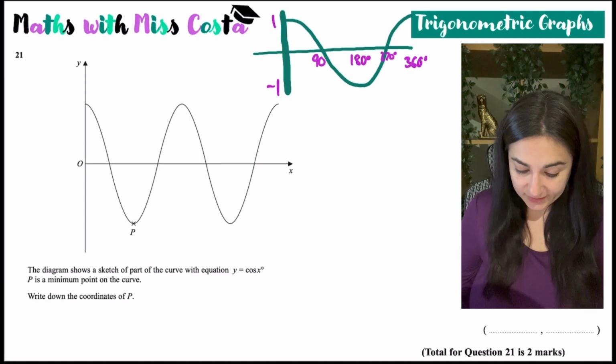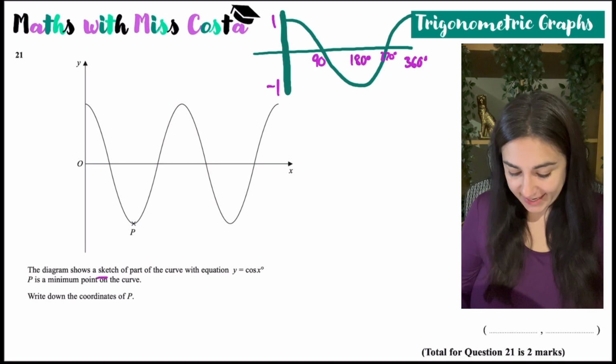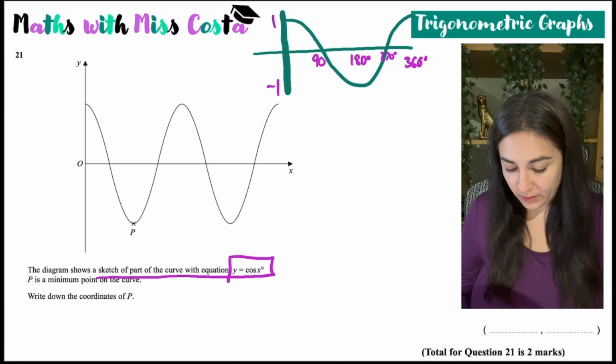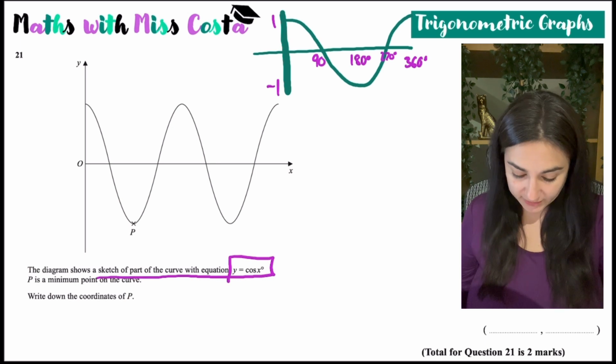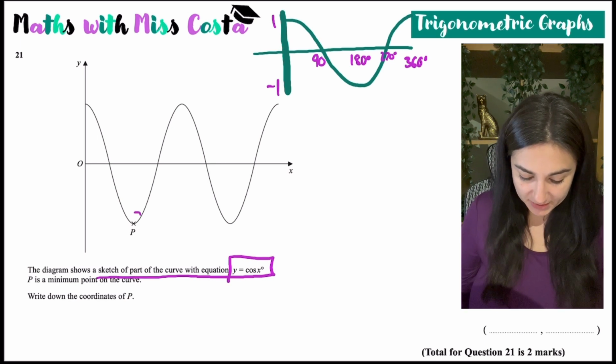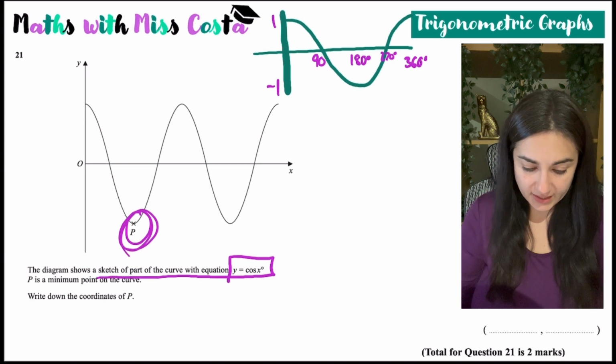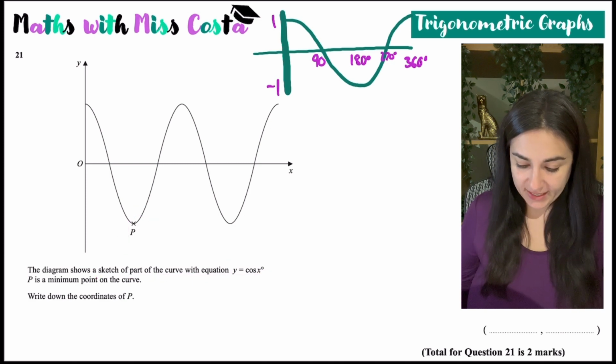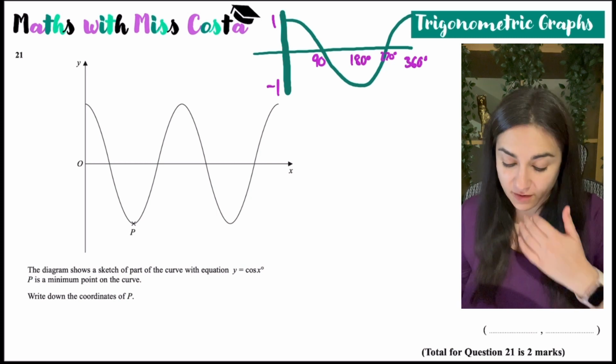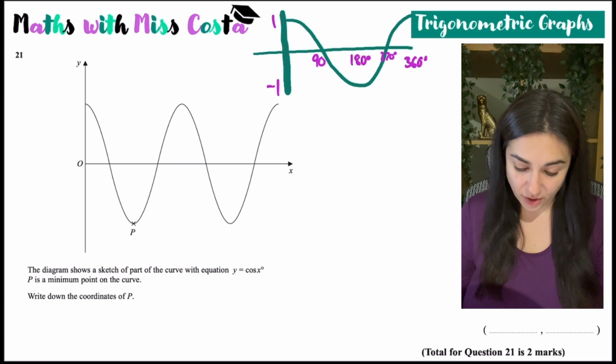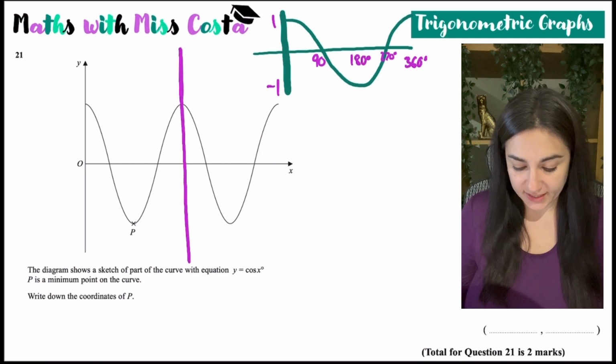So in this case, we are told the diagram shows a sketch of part of the curve with the equation y equals cos x. So you know this is the y equals cos x graph. P is a minimum point on the curve. Okay, write down the coordinates of P. So all we need to do is think of our y equals cos x graph. You know that this would be the first section.